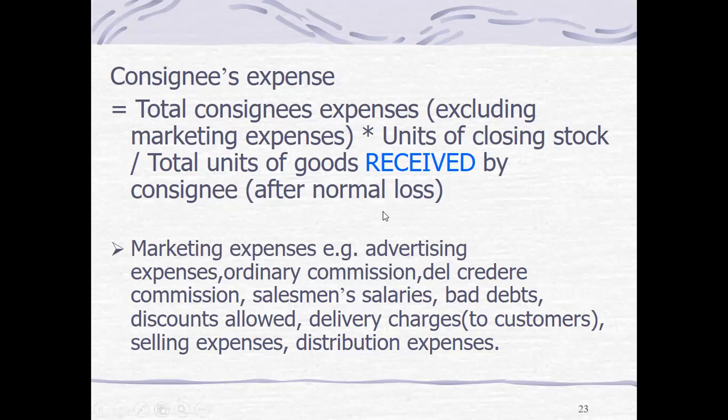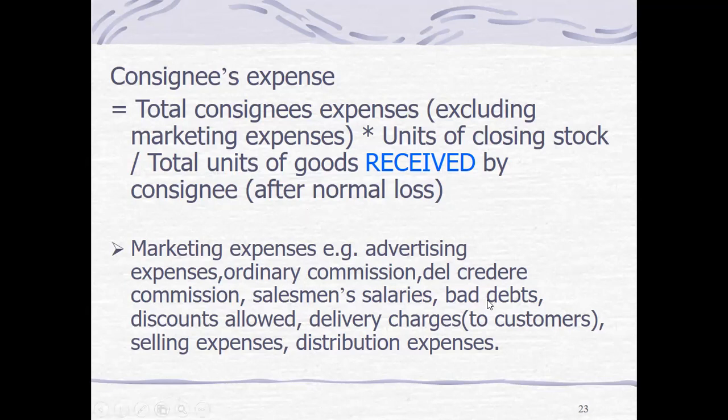Examples here at the bottom for marketing expenses are advertising, commission, including ordinary and del credere, salesmen's salaries because they are the ones selling the products, bad debts or discounts allowed, and delivery charges to customers.